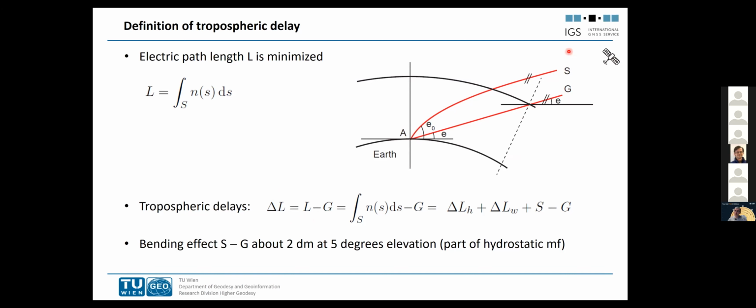We have the path delays along the bent line, plus we also have to consider the so-called geometric bending effect, which is the geometric distance S minus the straight line G. This bending effect, S minus G, is approximately 2 decimeters at 5 degrees elevation. There is no need to worry, we do not forget about this, but it is part of the hydrostatic mapping function. Okay, so that's the tropospheric delay.